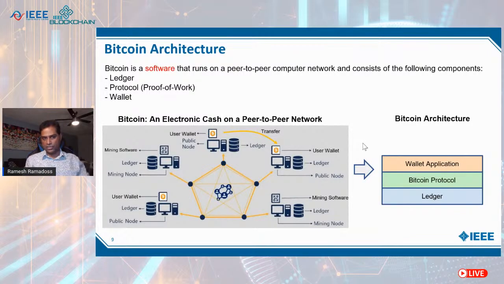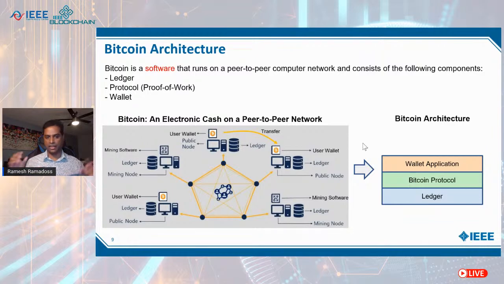Now, if you look at the architecture, Bitcoin is basically software that runs on a peer-to-peer computer network. Just to give you an example, in the early days, Skype was peer-to-peer software that was used to make calls, and Bitcoin is something similar, where it's software running on a peer-to-peer computer network, and it consists of some of the components you see here. On the right side, we have layers that conceptually show the different components.